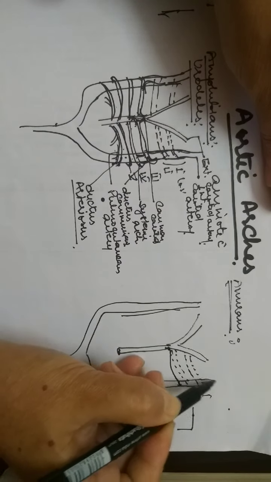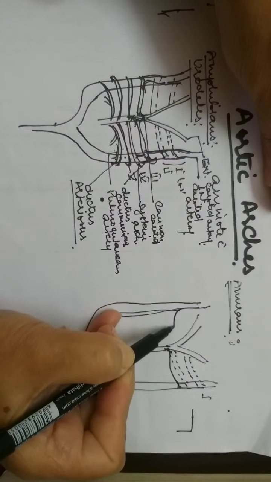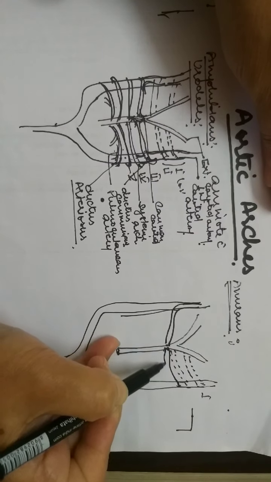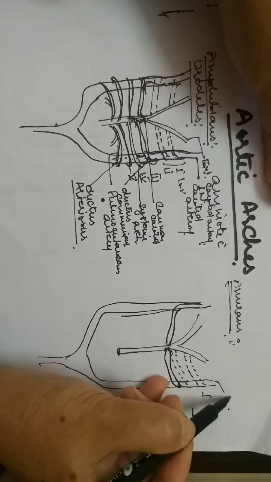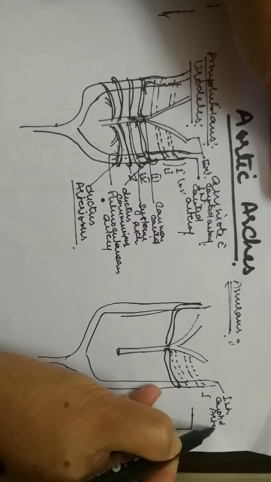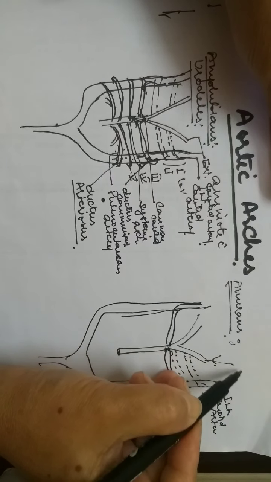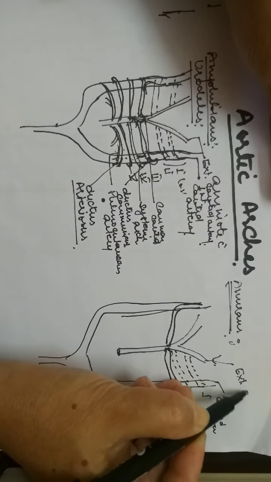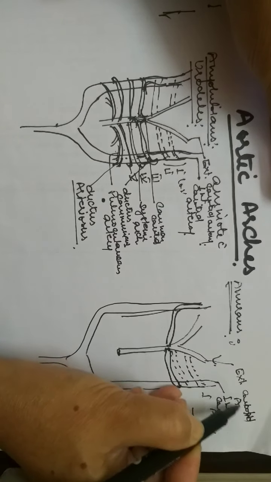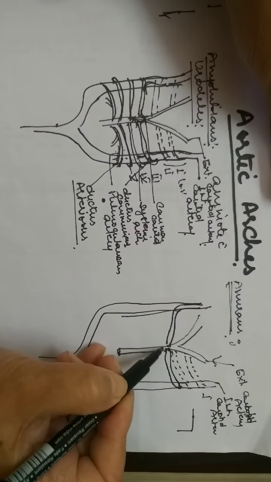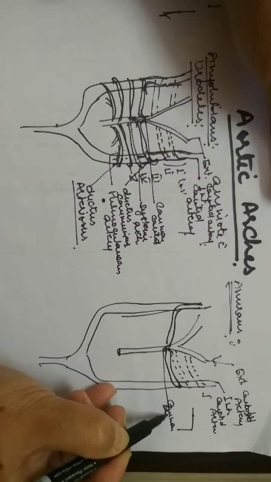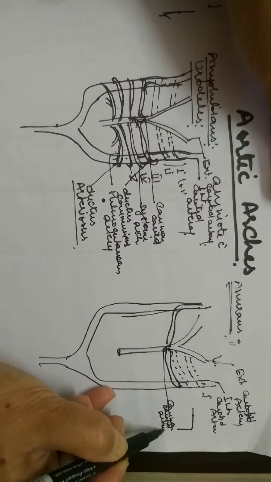Third one persists similarly as in case of urodeles, which is called as the internal carotid artery, and the split part similarly would be called as external carotid artery. And here is the common carotid artery, from where the two arise.